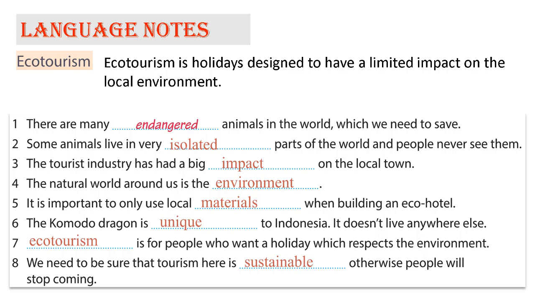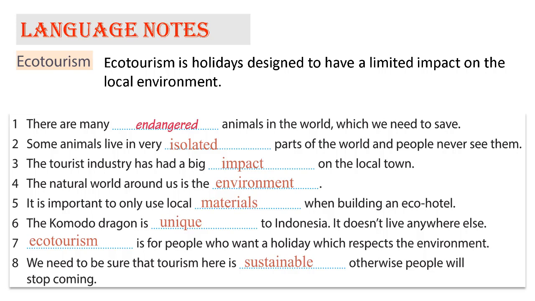Number six, the Komodo dragon is unique to Indonesia. Doesn't live anywhere else. يعني هو حيوان الكومودو طبعا unique يعني فريد من نوعه وبيقتصر فقط على إندونيسيا. Number seven, ecotourism is for people who want a holiday which respects the environment.